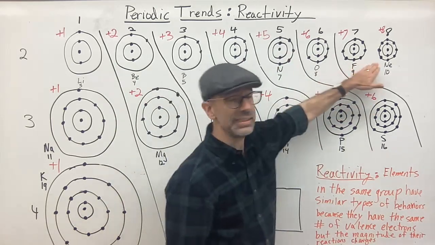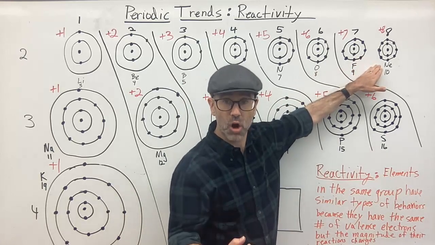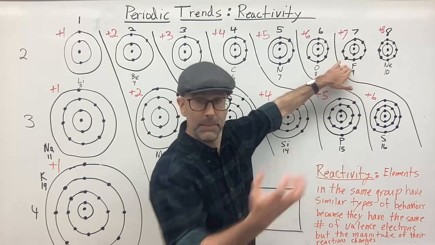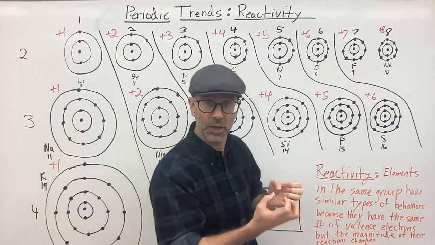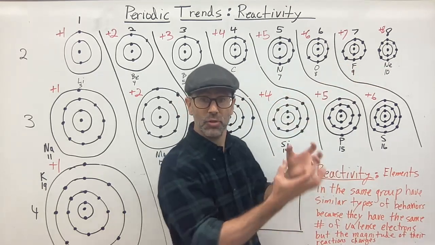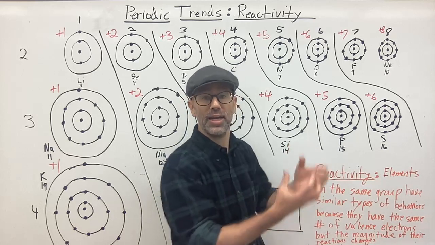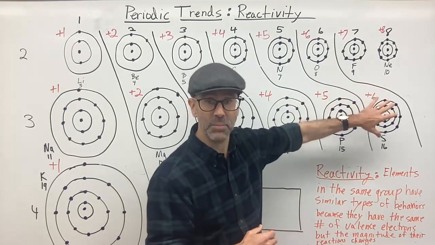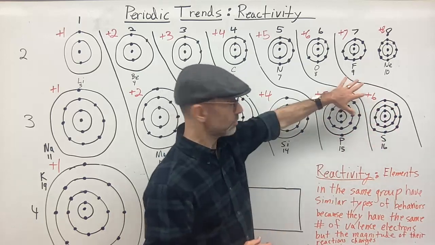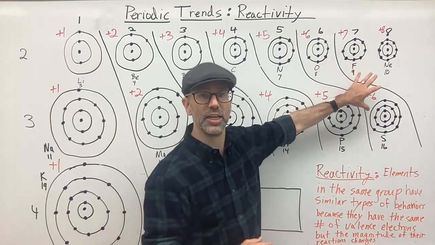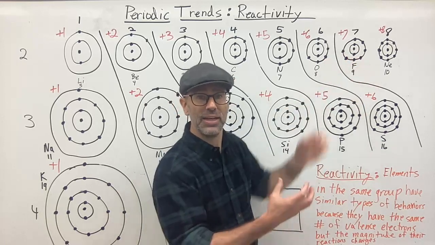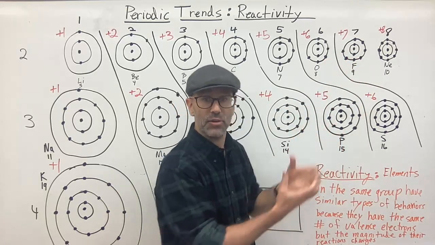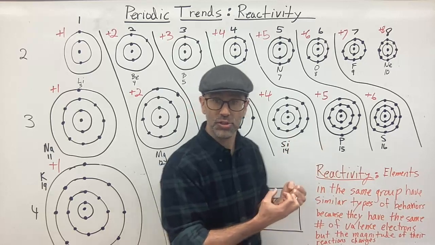So the more easily or more strongly that an atom can gain that electron or pull on that electron, the more easily it will get that electron and hold on to it. And therefore, when we're talking about nonmetals, we're thinking about how easily those nonmetal atoms can gain the electrons or attract those electrons more strongly.